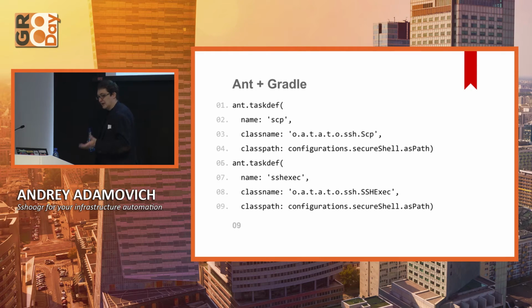And Ant already has tasks for SSH connectivity, because SSH was the main protocol we used to manage our environments, to set up things, to connect to them, to maintain these servers. So we needed some kind of SSH and SCP connectivity, and Ant has had that since the 90s, the previous century. And we just wanted to reuse those.